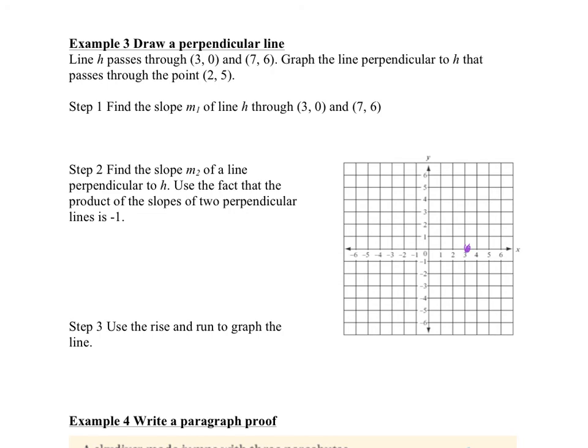So here's our line H. Okay, graph the line perpendicular to H that passes through 2, 5. Okay? So the first thing I need to do is find the slope of line H.